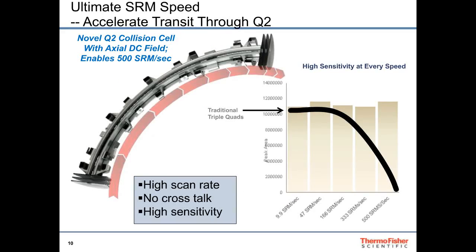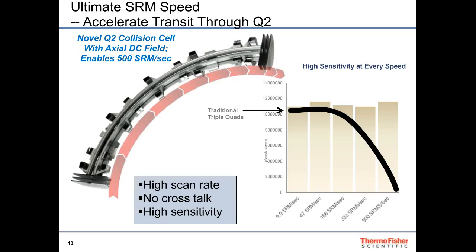The unique design of the curved collision cell enables SRM scan speeds of up to 500 SRMs per second with highly efficient ion transmission. If you are using a mass spec with ultra-high performance liquid chromatography, you get very sharp peaks, and you need to get at least 7 points across the sharpest chromatographic peaks in order to integrate them properly.